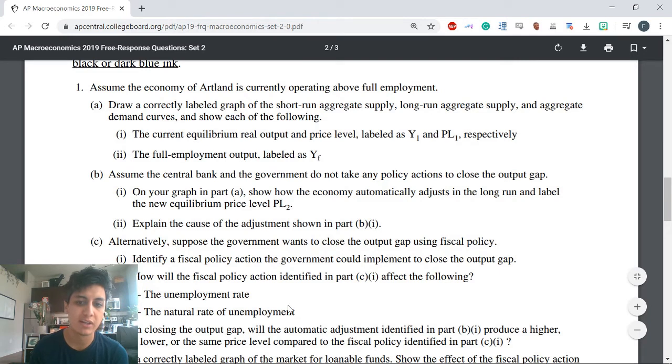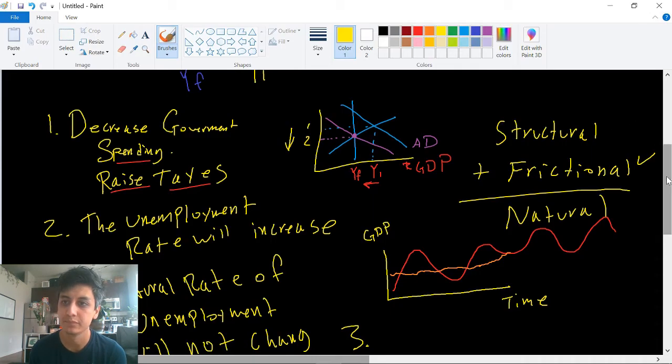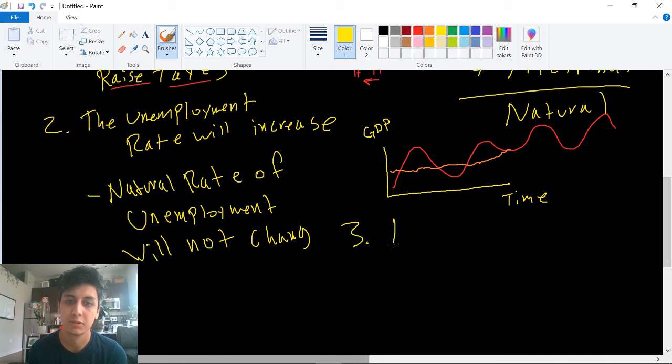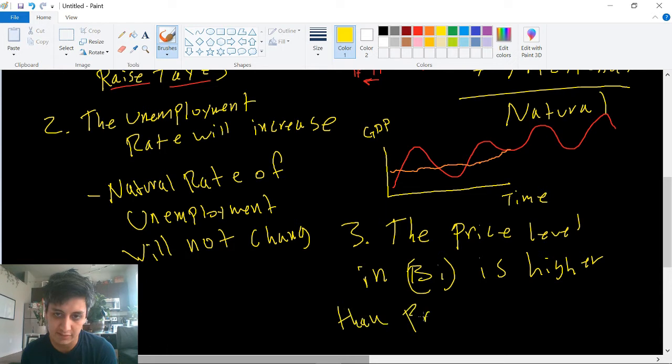So B1 is going to be higher than C1. The price level in B1 is higher than the price level in C1.